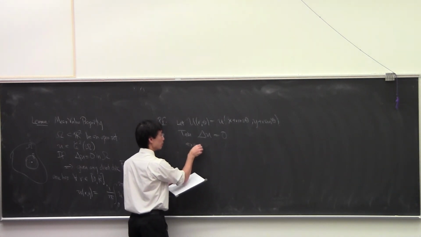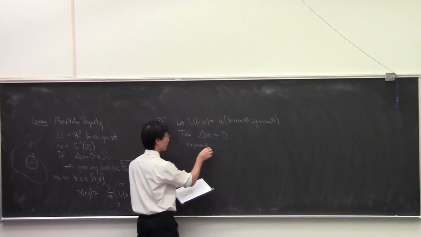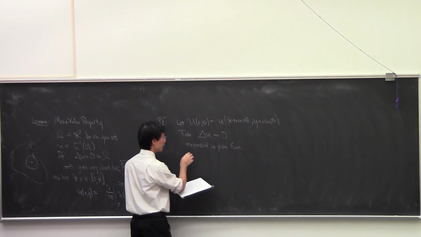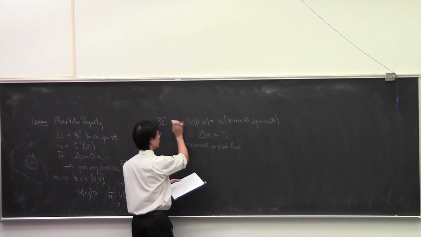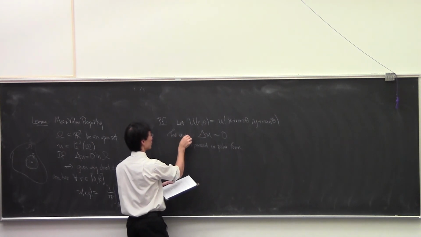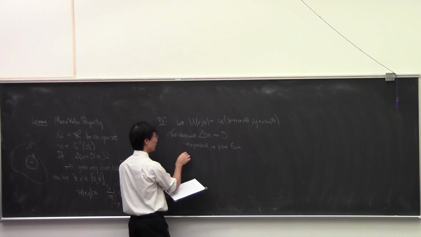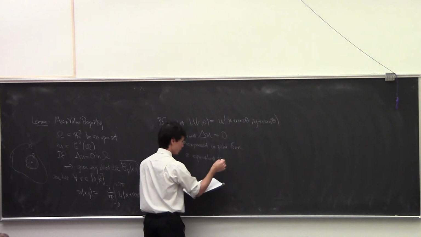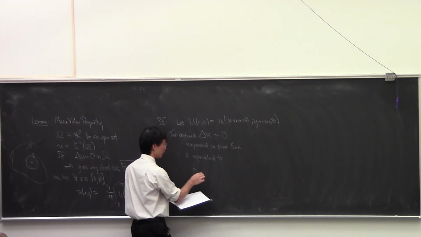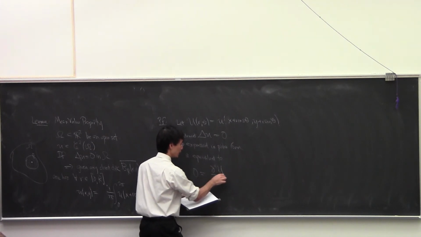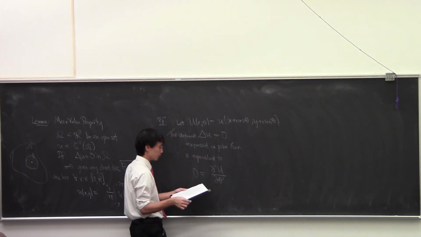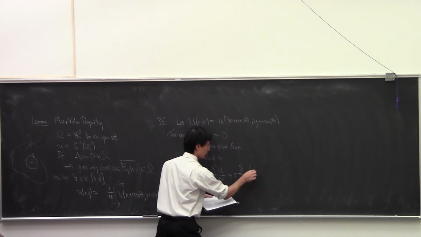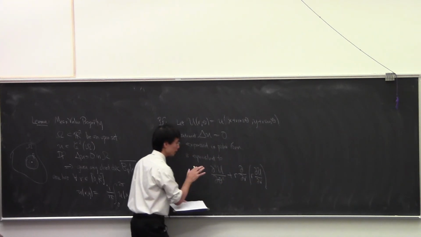If you express this, use the polar form of Poisson, and express it in polar form, then this statement is basically equivalent to this statement: the second partial of big U with respect to theta, plus r partial with respect to r of r dU dr. That thing is equal to 0.